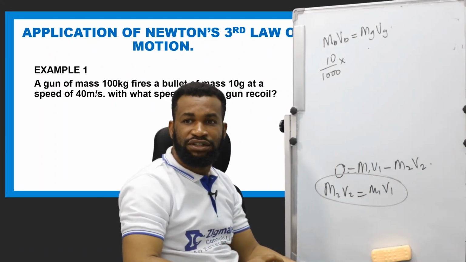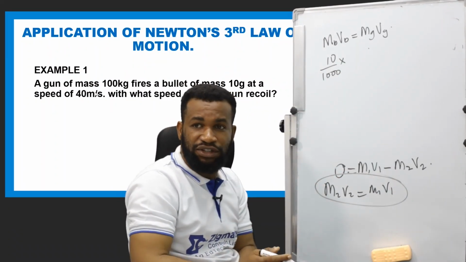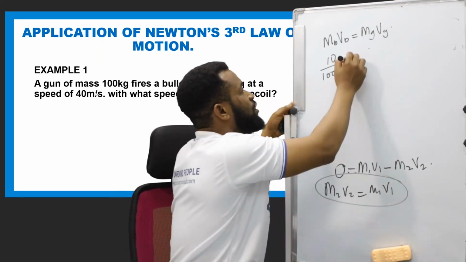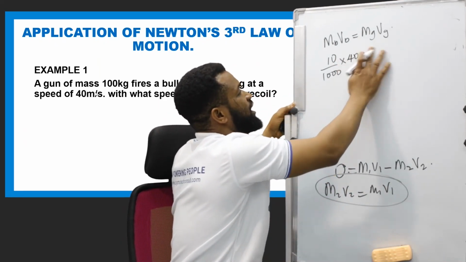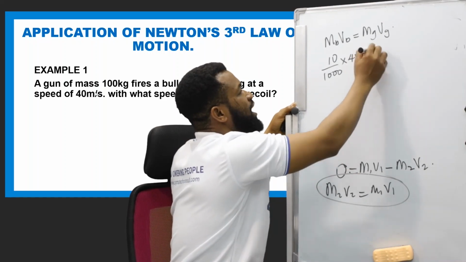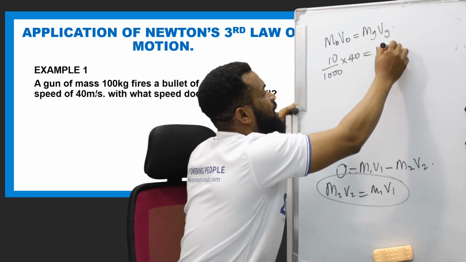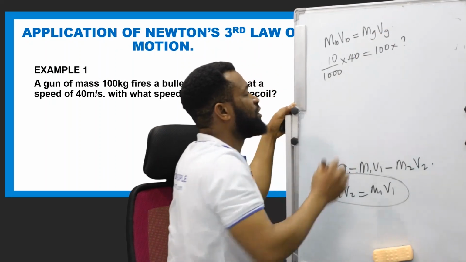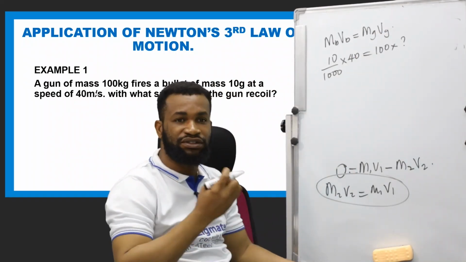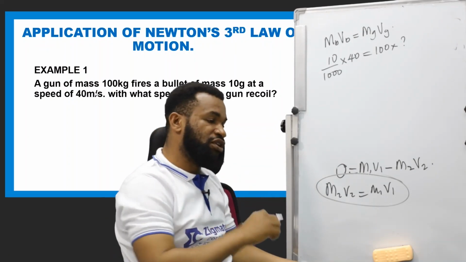With what speed does the gun recoil? We already know this one as 40. And this is going to be equal to the mass of the gun, 100 kilogram, multiplied by the velocity. We are looking for the velocity of the recoil of the gun.